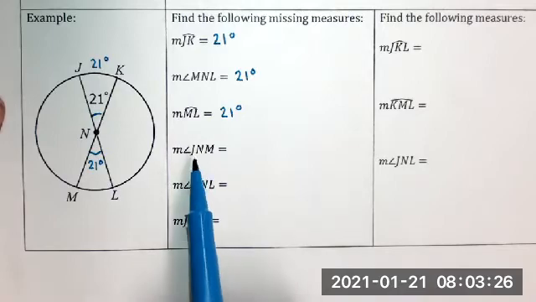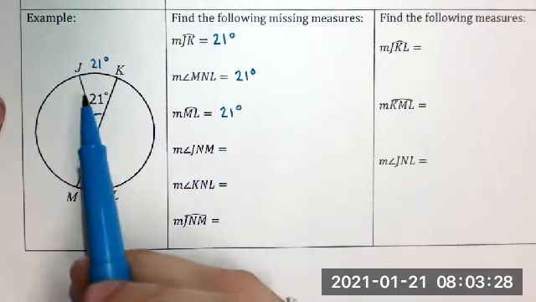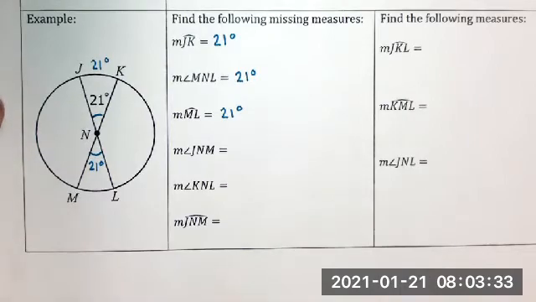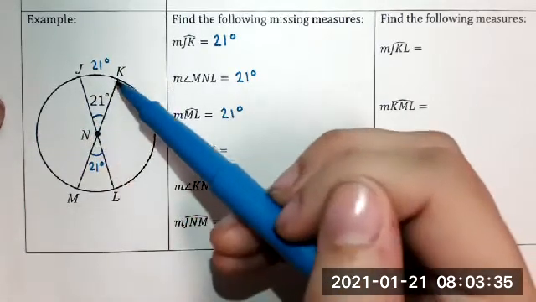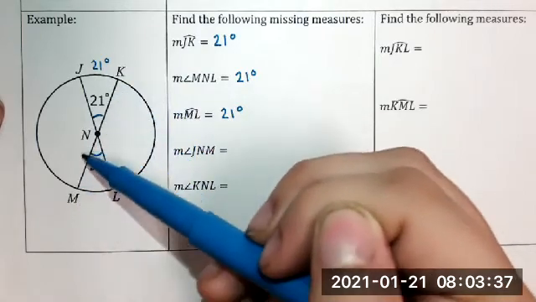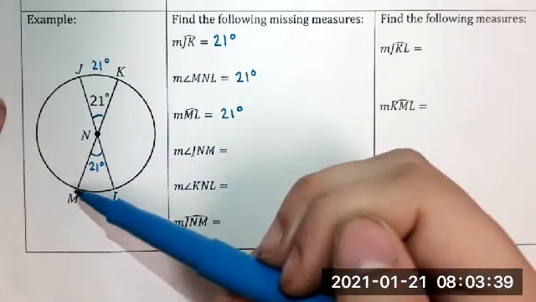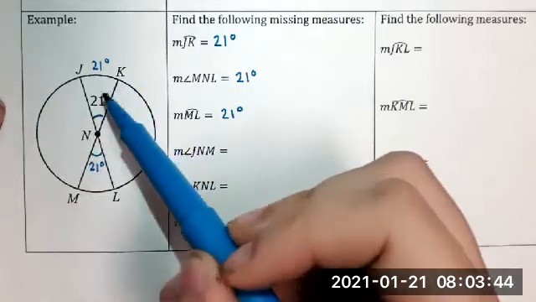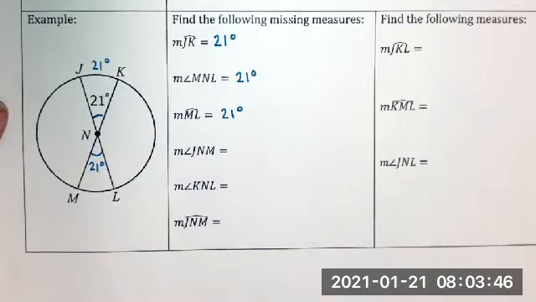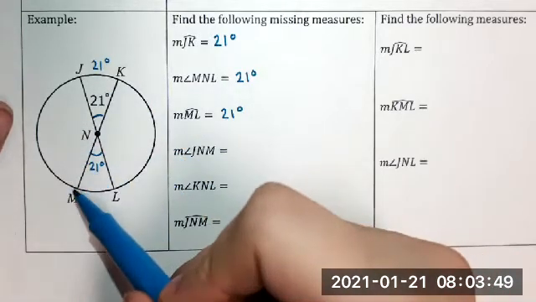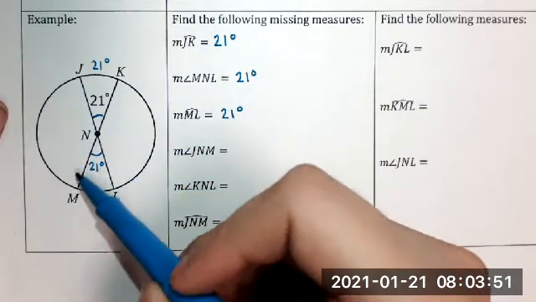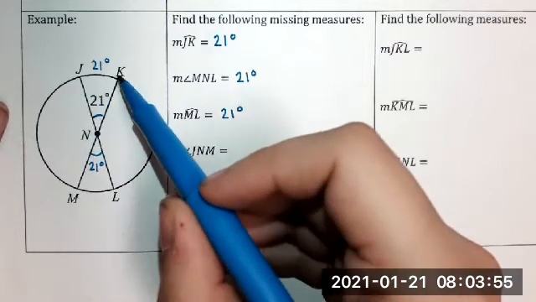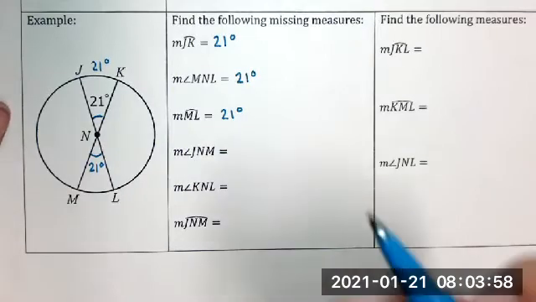Now, what if I wanted to find the measure of angle JNM? Well, there's a few different ways you can go about it, but the main one I would say is if I have a straight line cutting through the center of the circle, that's the diameter. And so this would be half of a circle. Half of 360 is 180. So this angle, JNM, and this angle, JNK, will make 180 together.